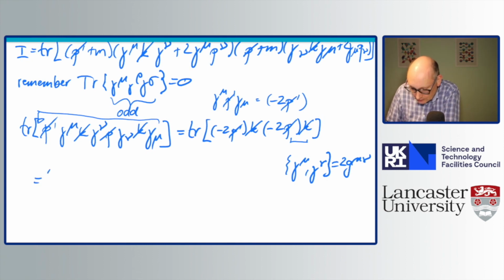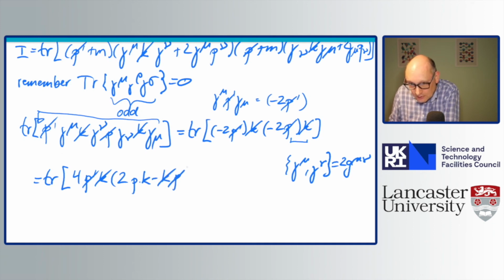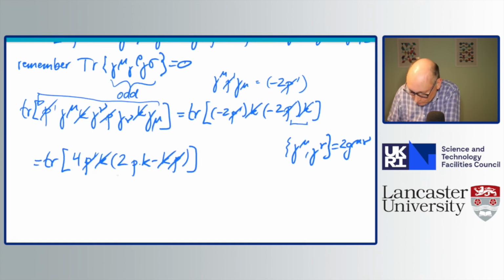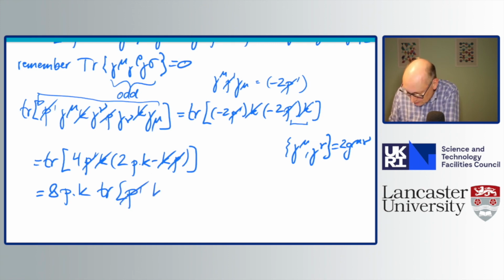So that's equal to the trace of 4 p prime slash k slash (2 p dot k minus k p), which is equal to 8 p dot k times the trace of p prime slash k slash, where we used that when it doesn't hit the 2 p dot k, k slash hits the k slash, then we remember that k slash squared is k squared, which is 0 in this case.